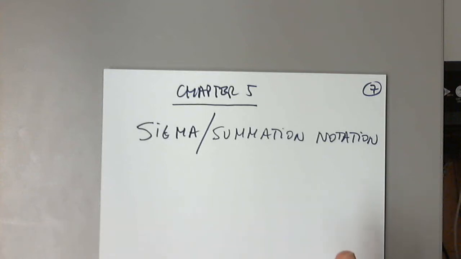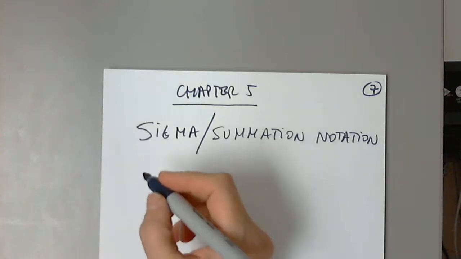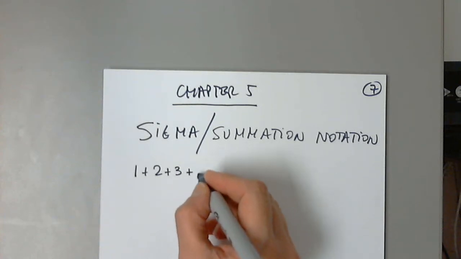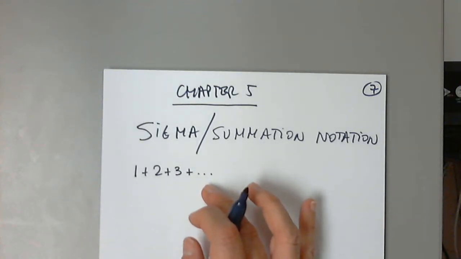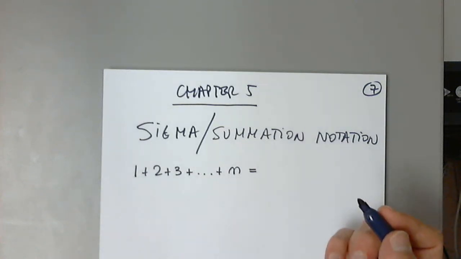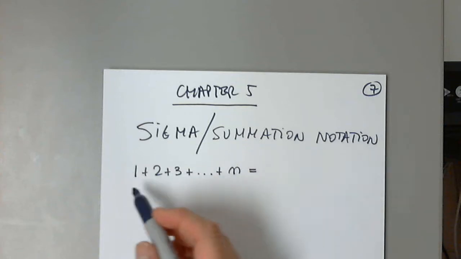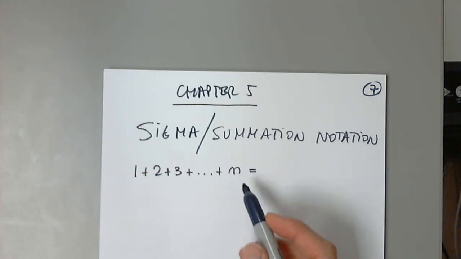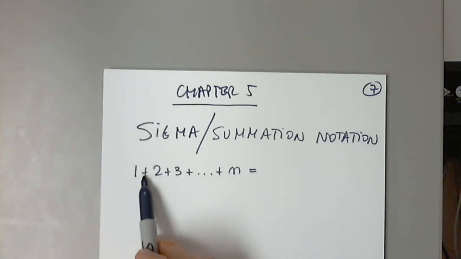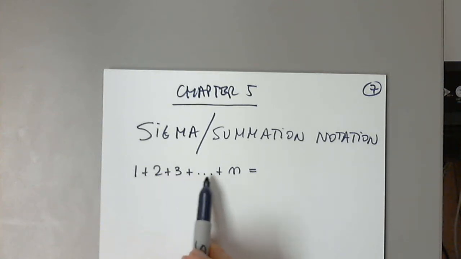Before I show what it is, let's suppose we want to add 1, 2, 3, exactly up to n. This is not the way we write it. We use a notation that represents the sum. So 1 plus, plus, plus, plus.